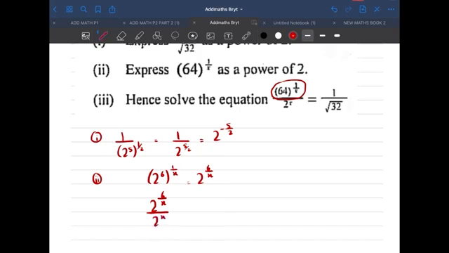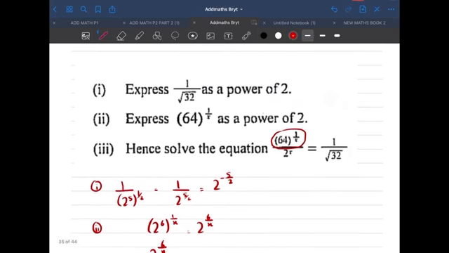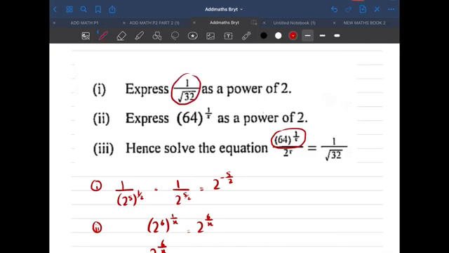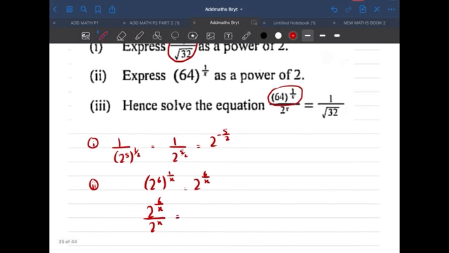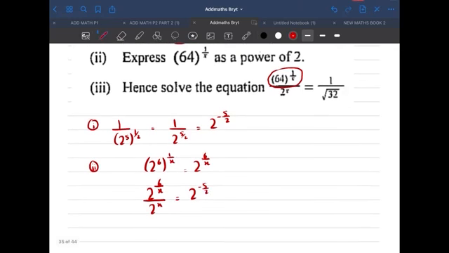This is 2 power x is equal to 1 upon under root 32, I found out is equivalent to what? 2 power minus 5 upon 2. Got this? If this x comes in the numerator, it will become minus x, right?